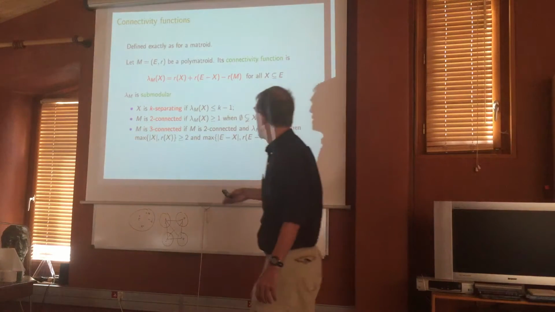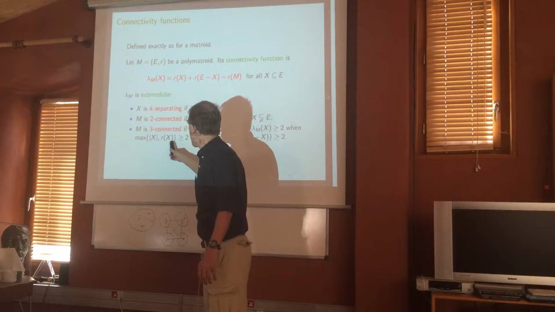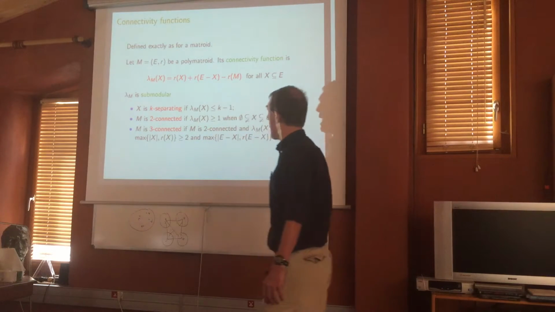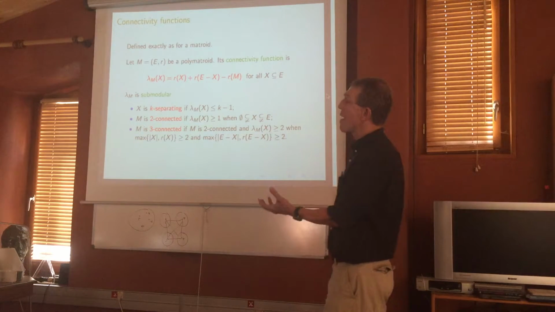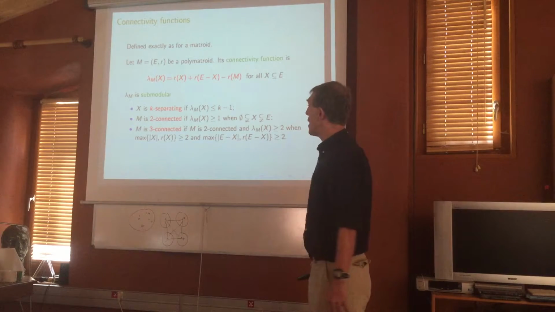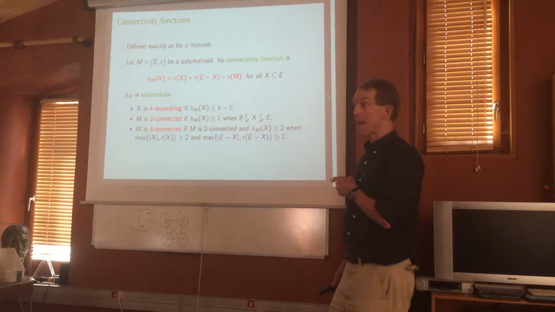And notice here that ordinarily in a matroid, I would insist that X had at least 2 elements. Here I'm going to allow something where the rank of X is at least 2. So that could be just a single element which happens to be a line.